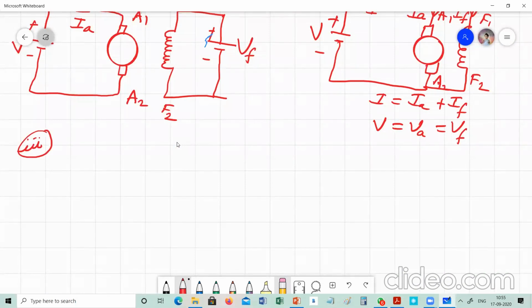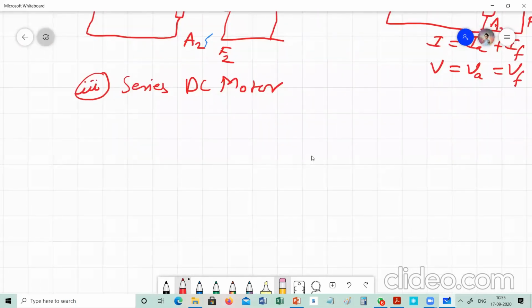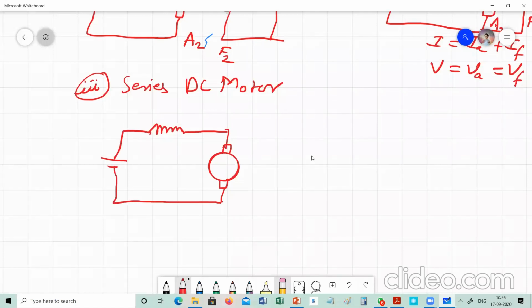Third type is the series DC motor. It is called a series DC motor because the field winding is connected in series with the armature. Again, the same supply is given to both the windings.